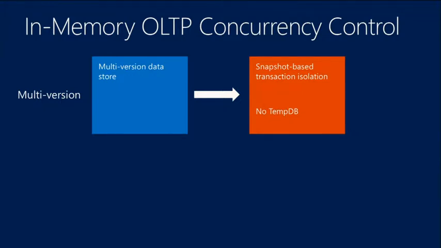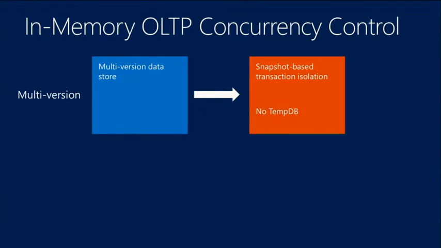Second, all the transaction isolation for memory optimized tables is snapshot based. So every statement in your transaction sees a consistent snapshot as of the beginning of the transaction. No matter which isolation level you use, you always see a consistent snapshot as of the beginning of your transaction. And to implement this snapshot isolation, we use the versioning.